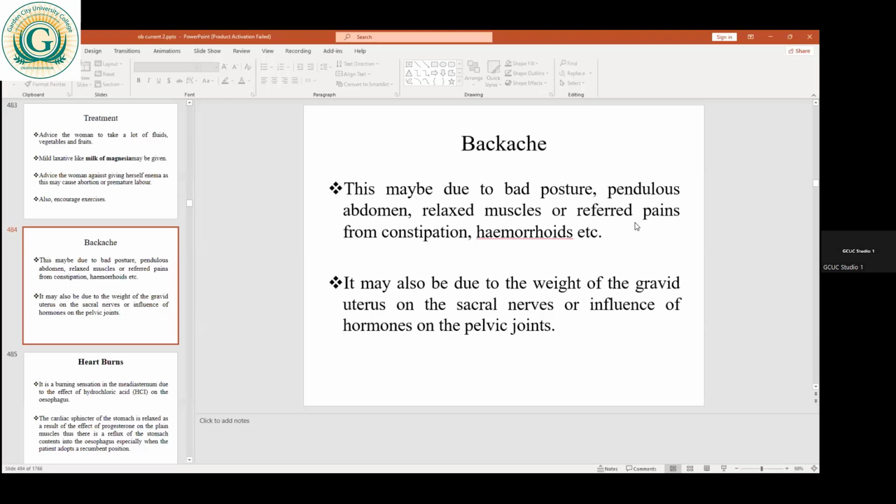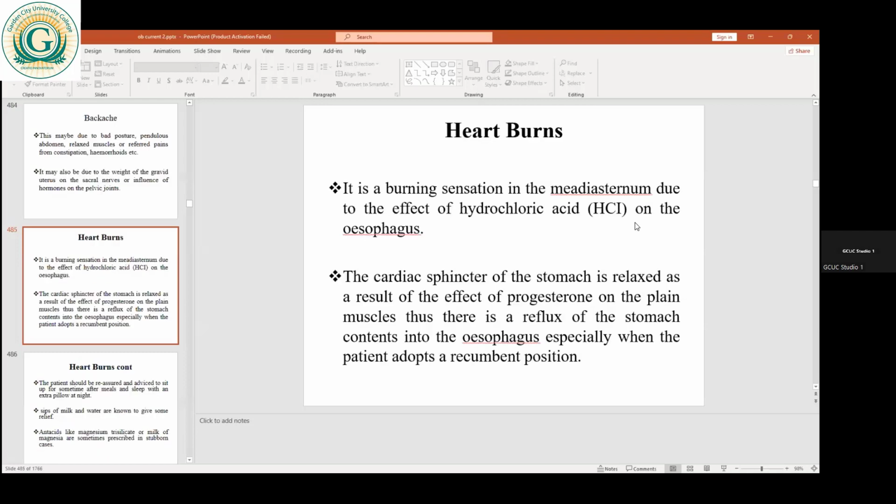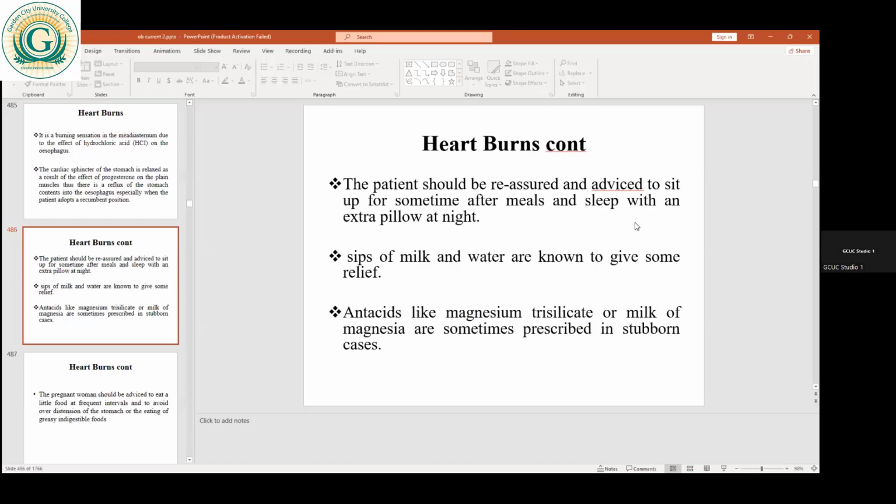This same woman will complain of heartburn. It's also a minor disorder. It's caused by the progesterone, which relaxes the cardiac sphincter, and then acid in the stomach will be hitting the chest. When she delivers, it will go. So you advise her to sit up sometime after meals, and sip some milk.